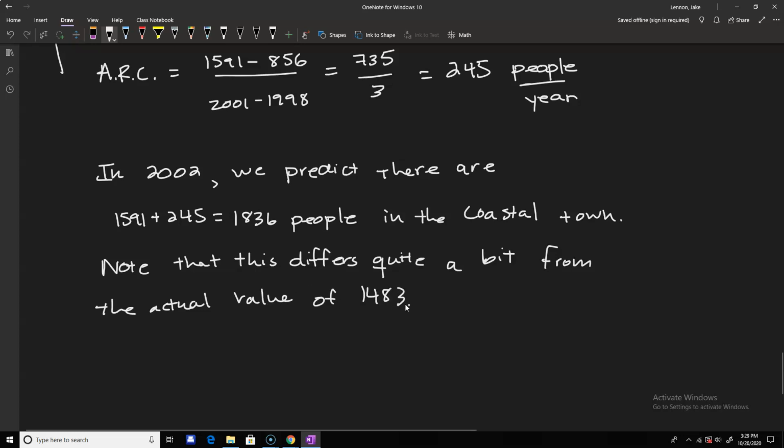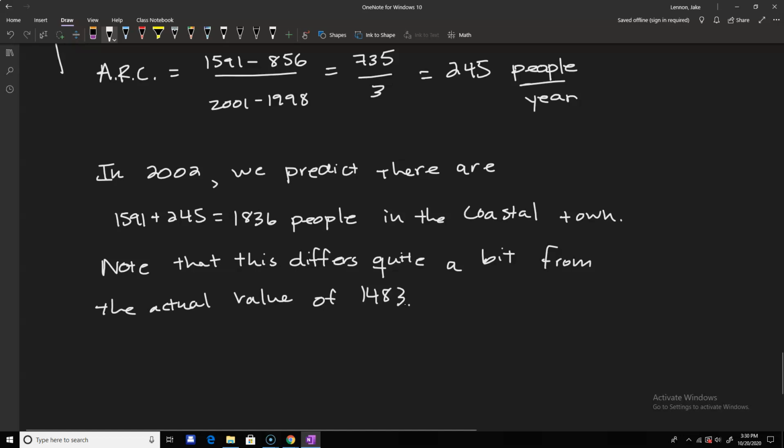So we have to be very careful when we actually do things like forecasting. We have to be pretty sure that the model is behaving in a way that reflects what we're trying to model with. In this case, it seems like perhaps the population might be behaving along a linear path for some time, but then it's not doing such a good job later. So sometimes these forecasting intervals are quite limited.